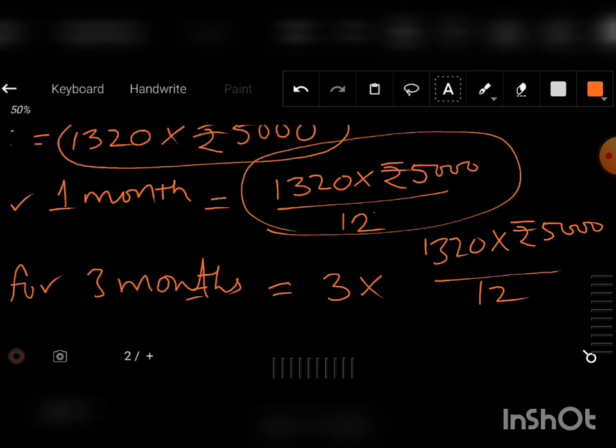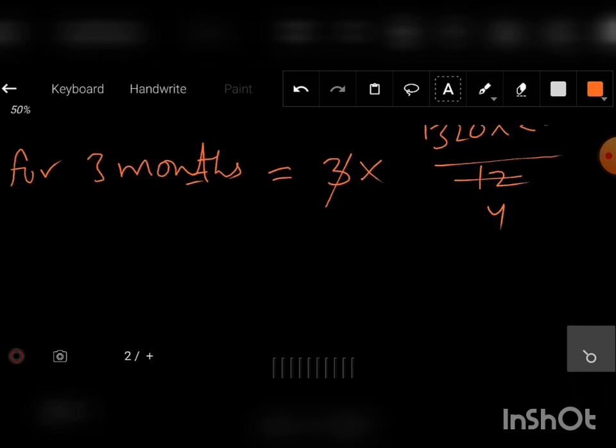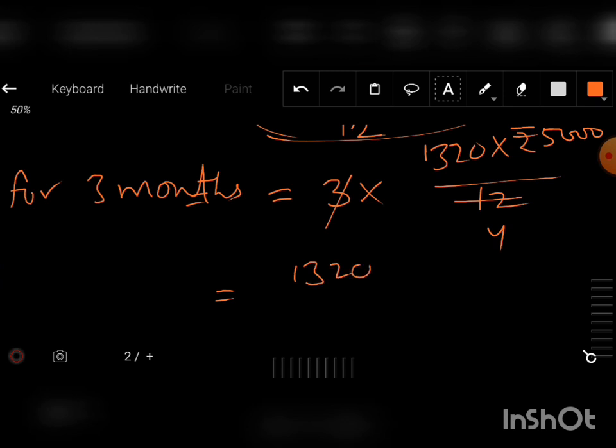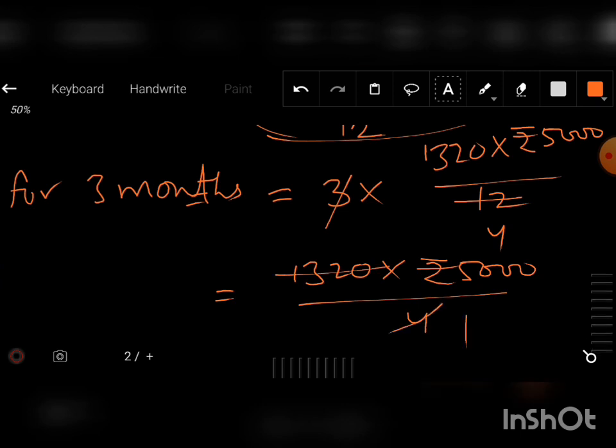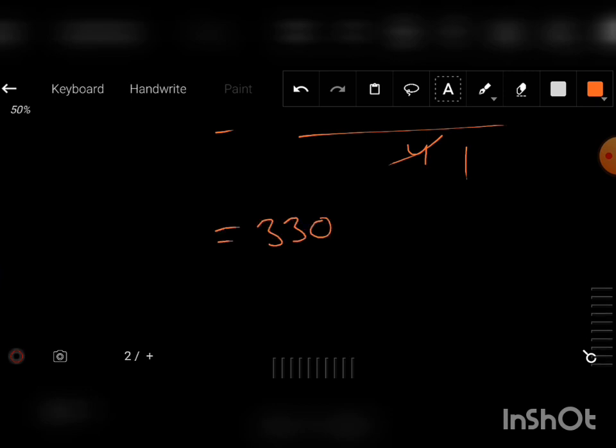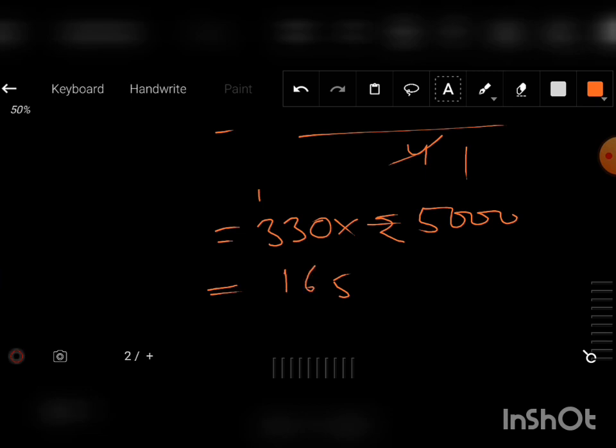After cancellation we'll get 3 ones are 3, 4 fours are, again 1320 into rupees 5000 by 4. 4 threes are 12, again 0. 330 into rupees 5000 equal to 16,50,000. That is the income for 3 months.